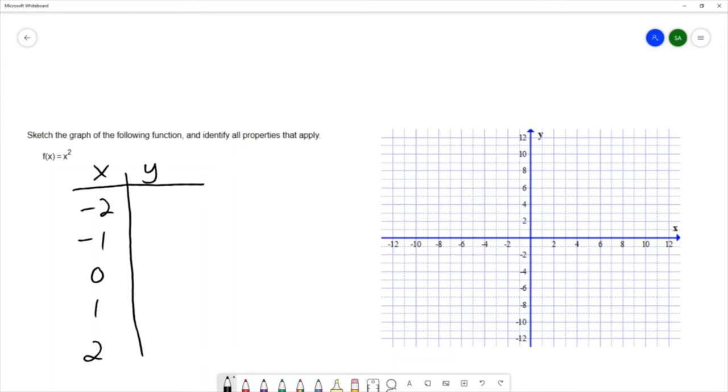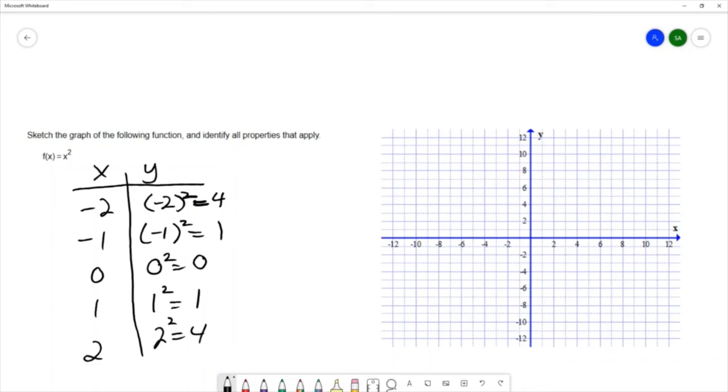So if I substitute in a negative 2, that would be negative 2 squared is positive 4. Negative 1 squared is positive 1. Let me back up because 0 squared is not 1. 0 squared is 0. 1 squared is 1. 2 squared is 4.